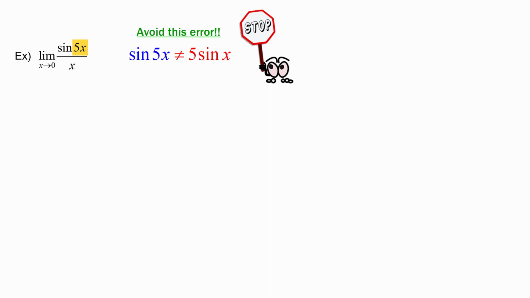Now, there's nothing we can do to change the argument of the sine function here. Remember that 5 cannot be factored out. That has to stay there. So then what we can do is work on changing this denominator. So we're going to start off by multiplying by 1 in the form of 5 over 5.